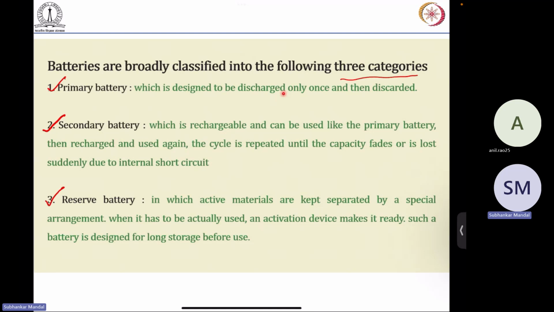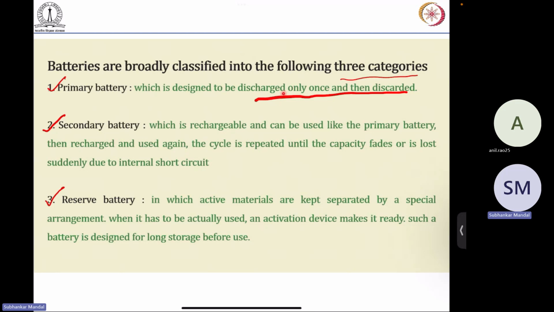What is a primary battery? A primary battery is designed to discharge only. That means you can use it only one time. It is already in the charged state, and after complete discharge you have to discard the cell.